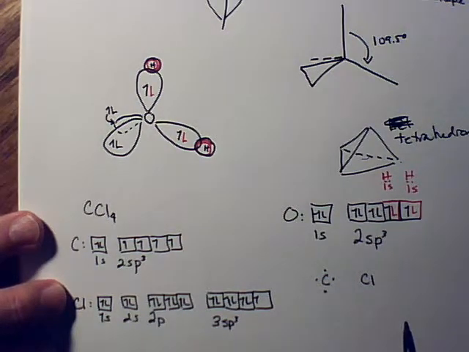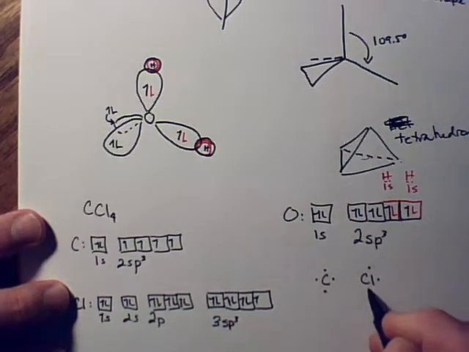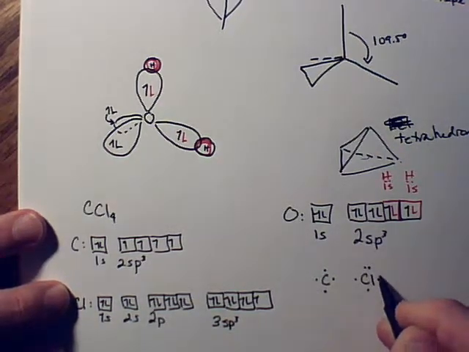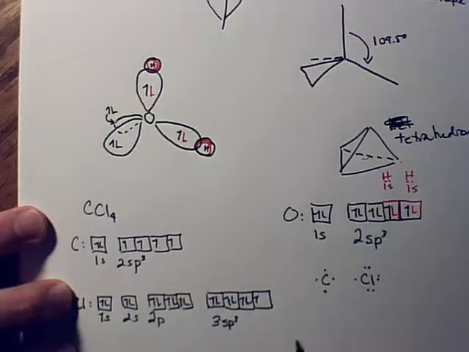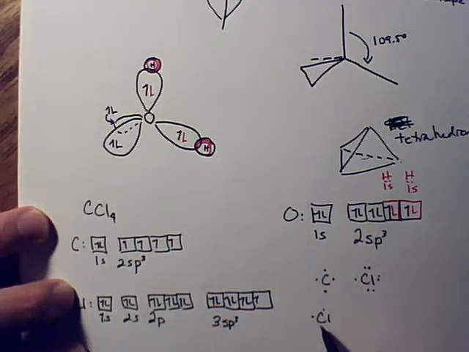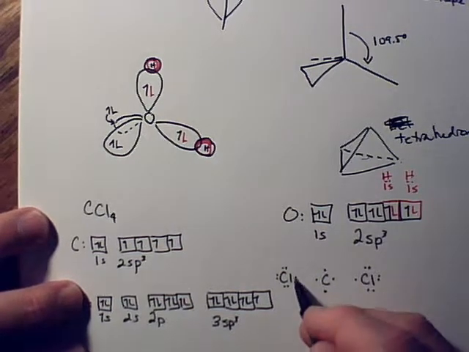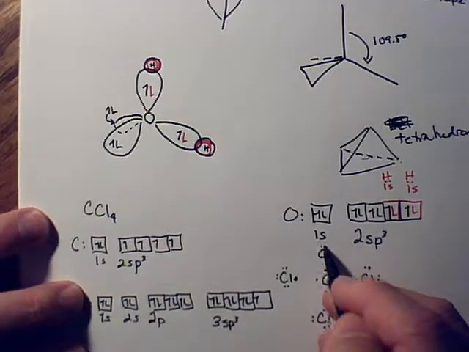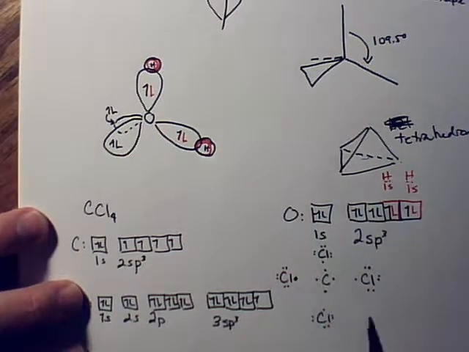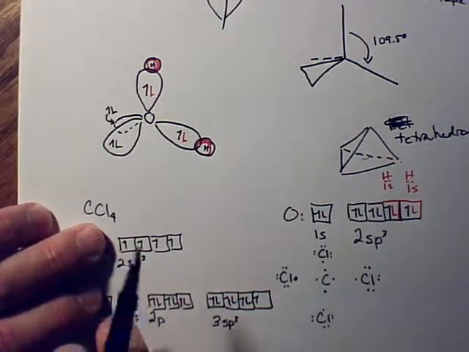No. Only the valence electrons go in the electron dot formulas. Not the whole set. How many? 7. 1 on each of the 4 sides, then pair up. How many do we have to make? Well, there's 4 chlorines here, right?